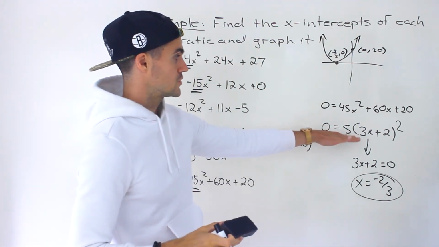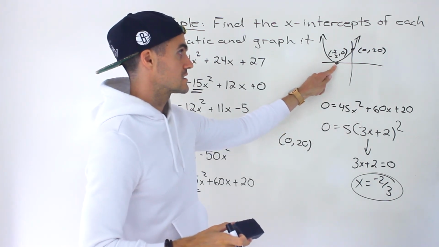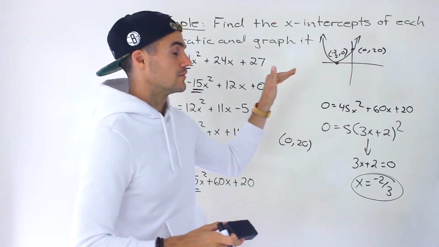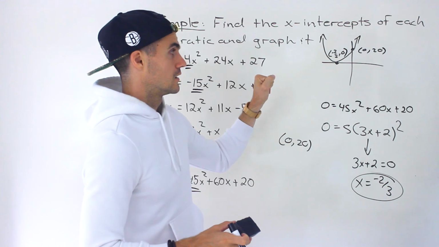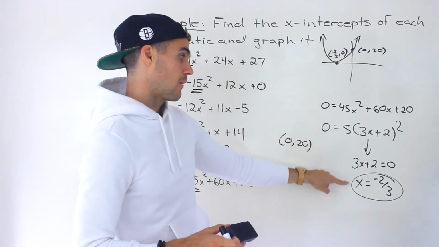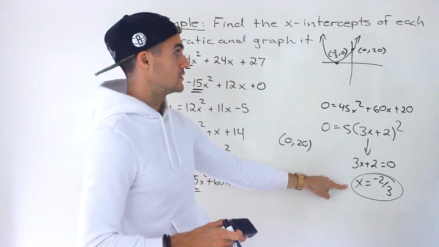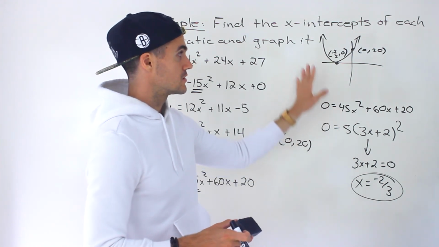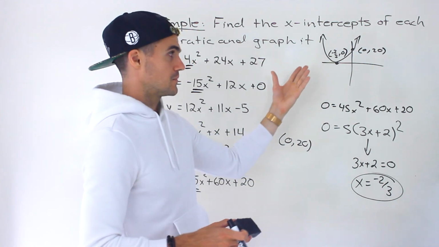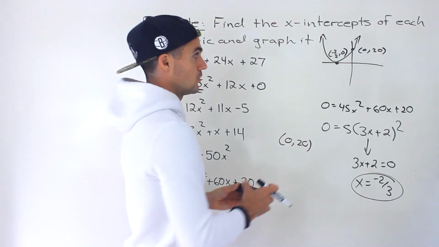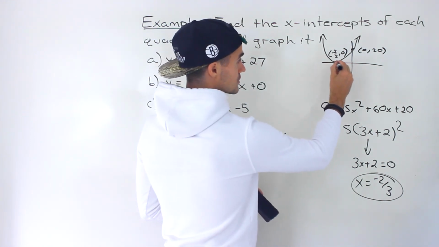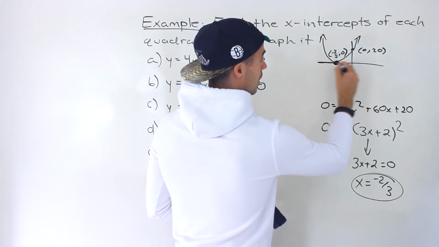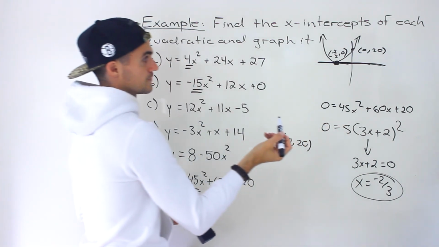Whenever you have a perfect square trinomial, the vertex is always going to be on the x-axis. It's going to be that one x-intercept that you have. The only way you can have one x-intercept with a quadratic, if you think about it just graphically, is if that vertex falls on the x-axis, right?